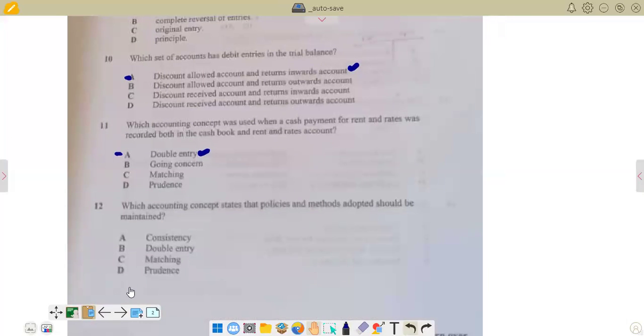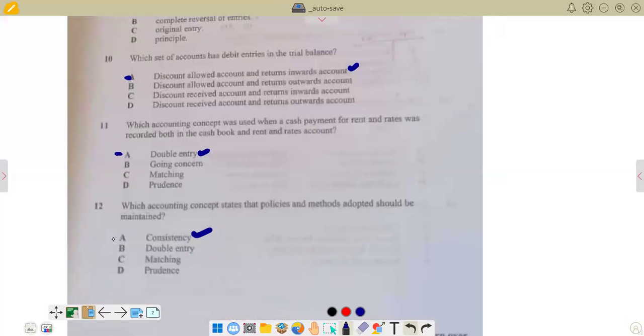Matching is just an explanation on the matching of expenses and income in the same financial period, which is not there. And then prudence emphasizes not overstating revenue or profits, so it's out again. So for consistency, that is the most appropriate answer.